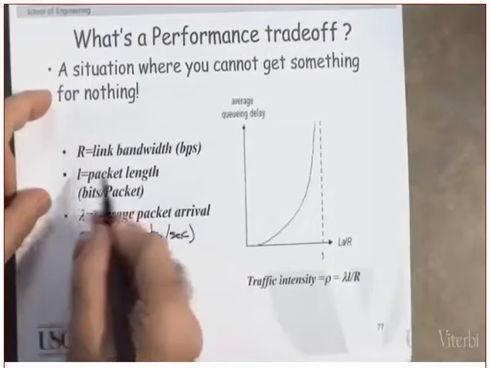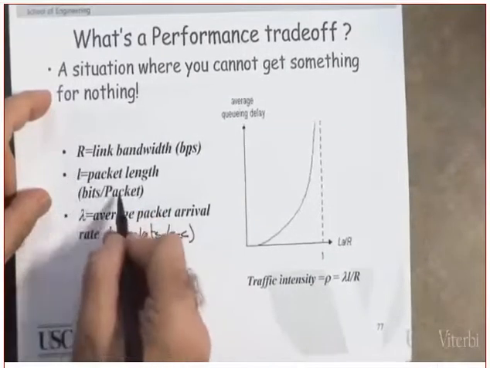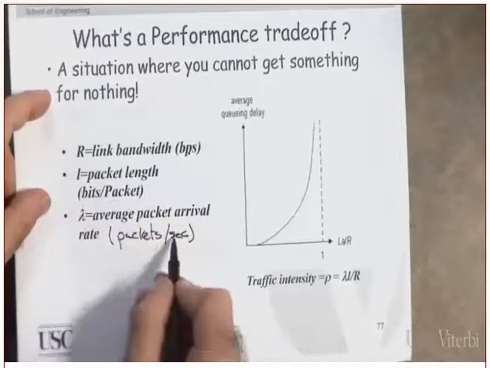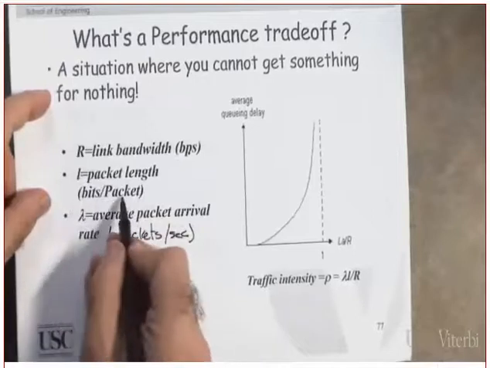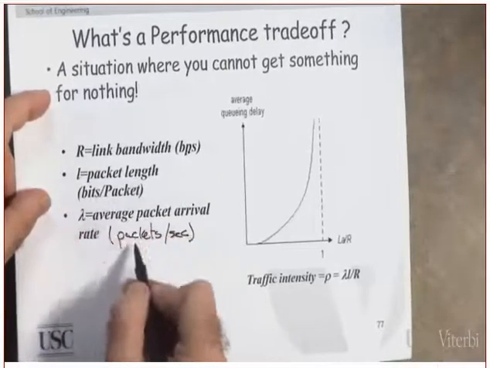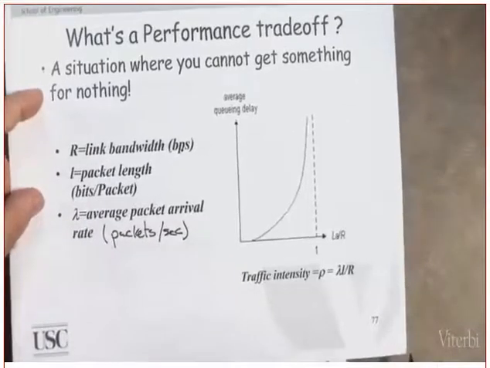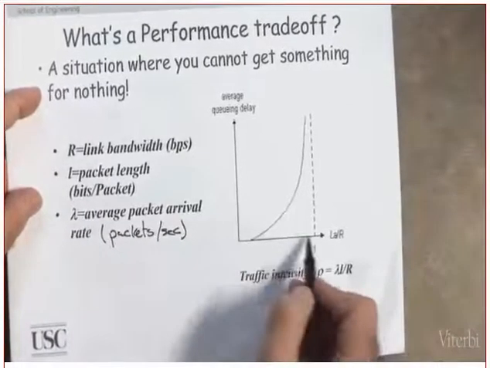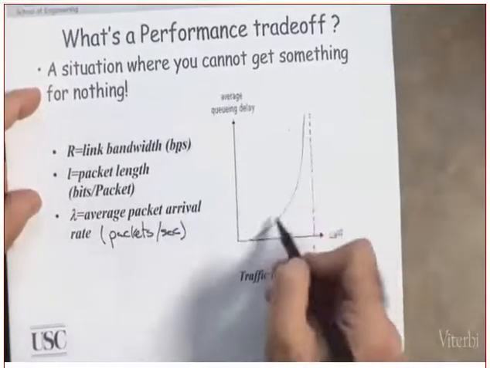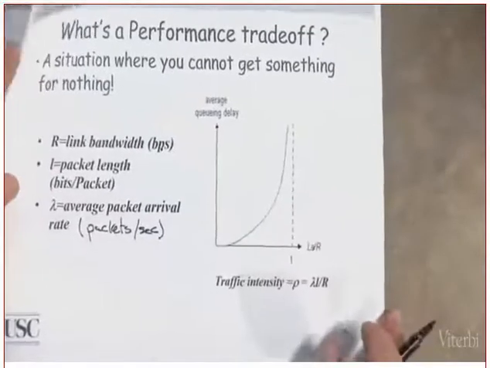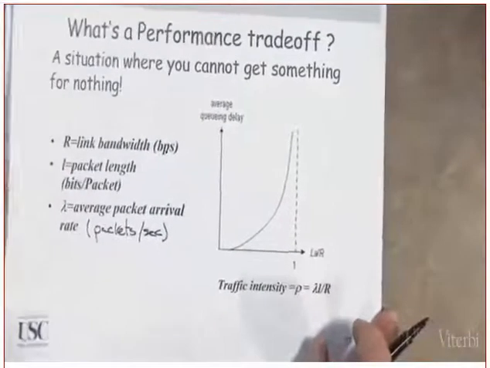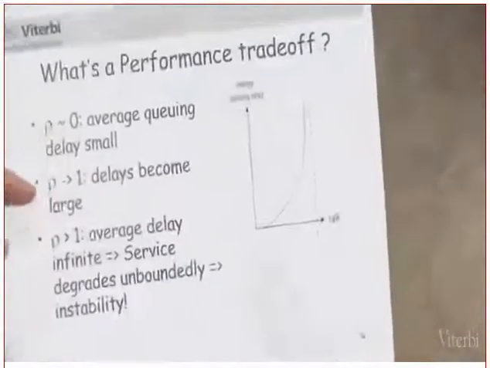I need to multiply by L, the packet length in bits per packet. When you multiply packets per second by bits per packet, the packet cancels and you end up with bits per second. And when it approaches 1, it means the queuing delay will approach infinity. That's for the single server case.